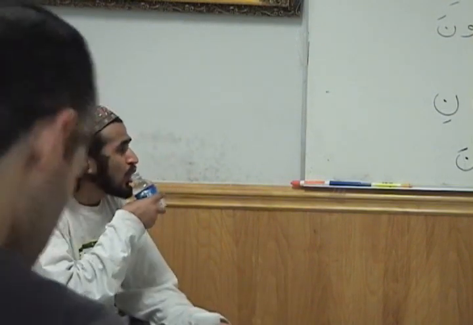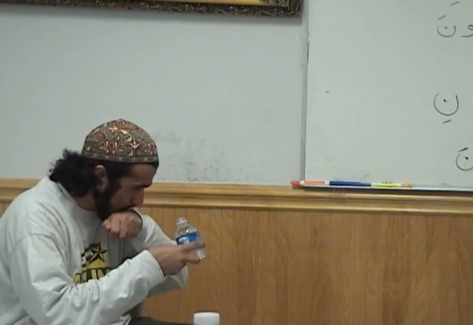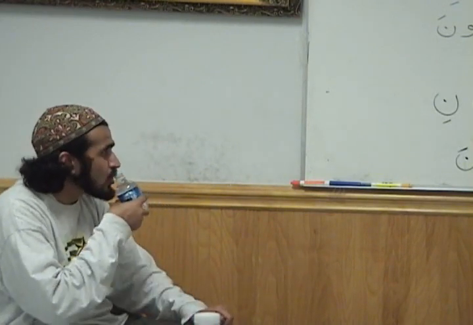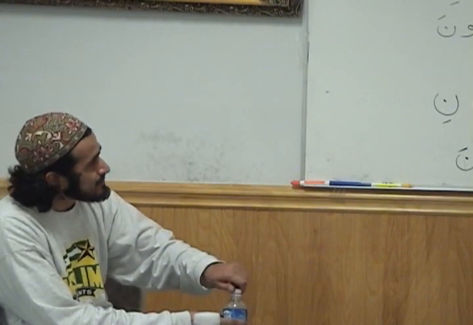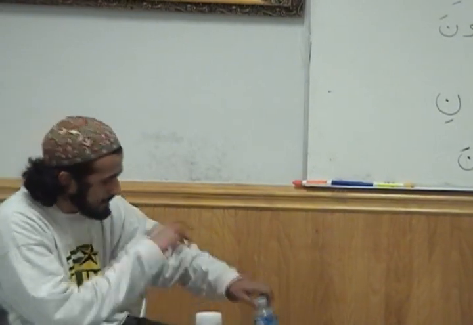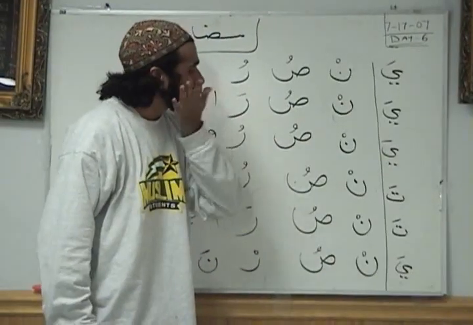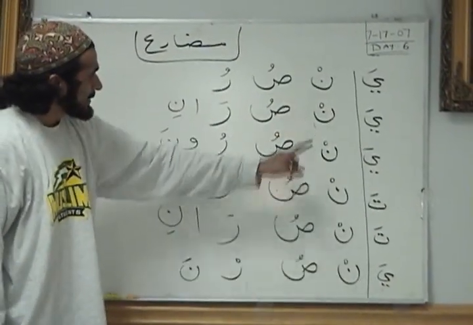Okay? The first letter is going to have fatha and the second one is going to have sukun, right? Yes, this is the formula. All of these first letters that we add, ya or ta, or whatever else we add, will have a fatha.